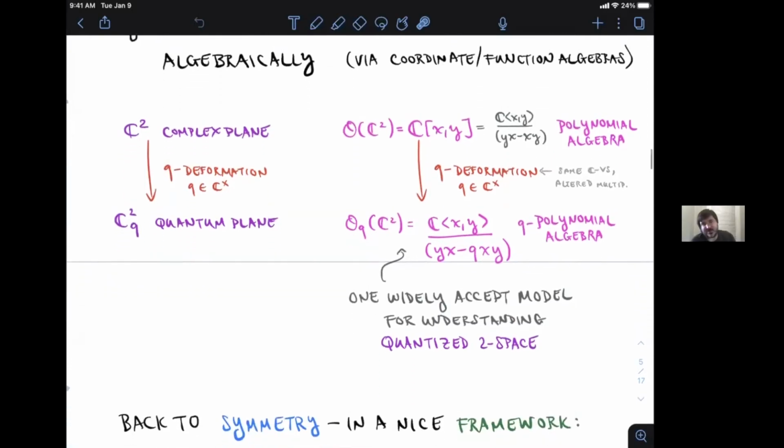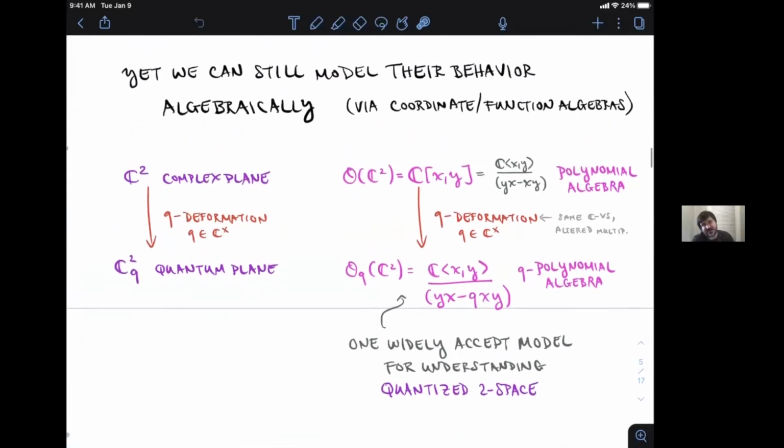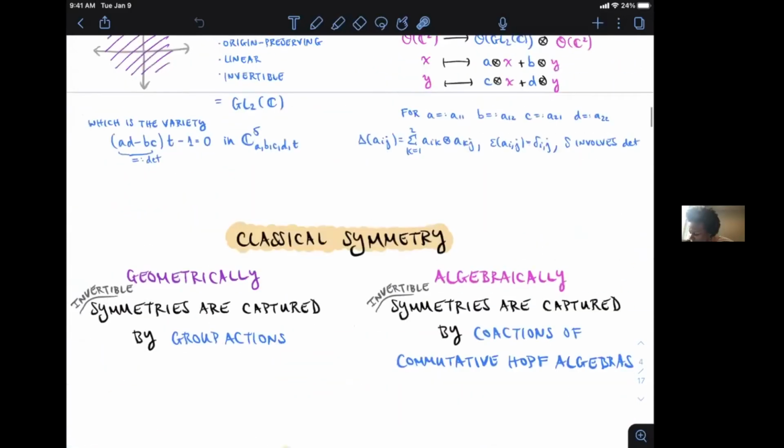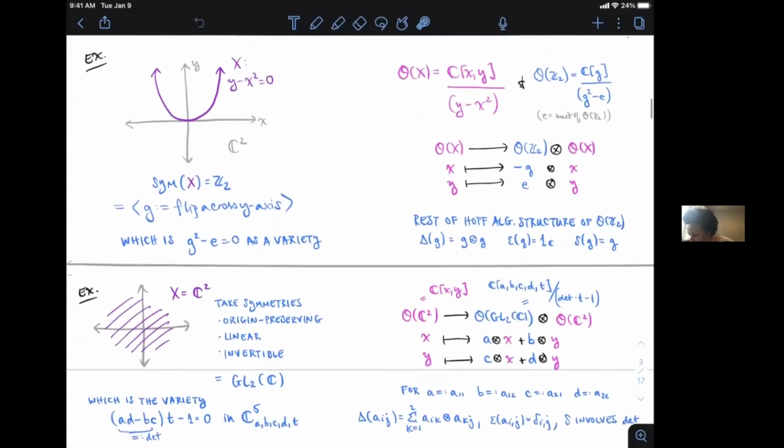Could I ask how this q relates to the dummy variable t that you introduced before? With the GL2Z example that you gave, there was a t. I was wondering if you could just talk more about those two different things. Yeah, so the dummy variable serves a different purpose here.